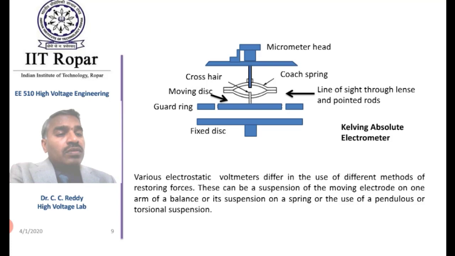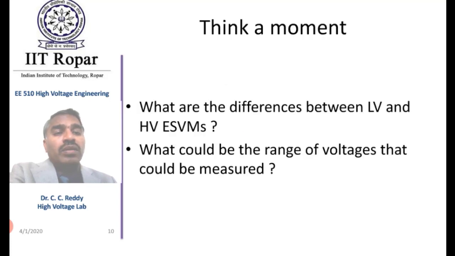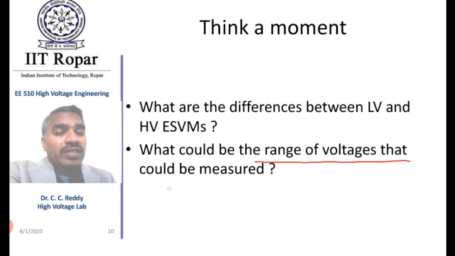Now let me erase this before going to the next thing. Think a moment. What could be the differences between low voltage and high voltage electrostatic voltmeters? And what could be the range of voltages that could be measured using these electrostatic voltmeters?